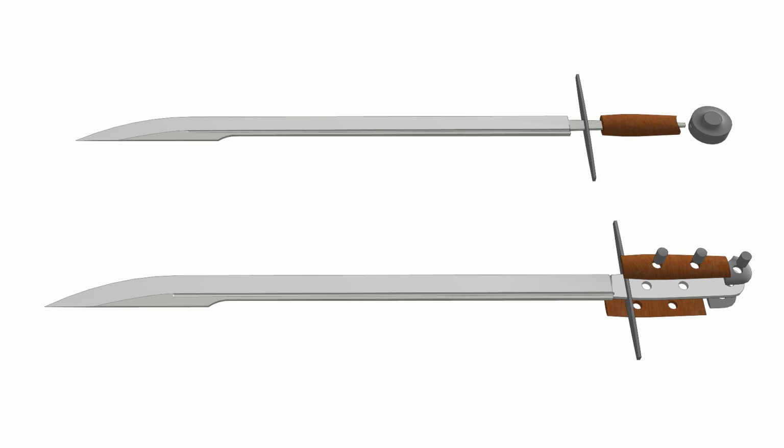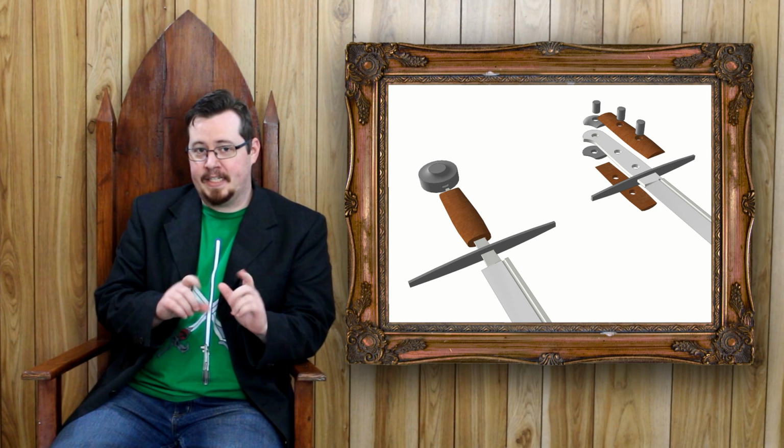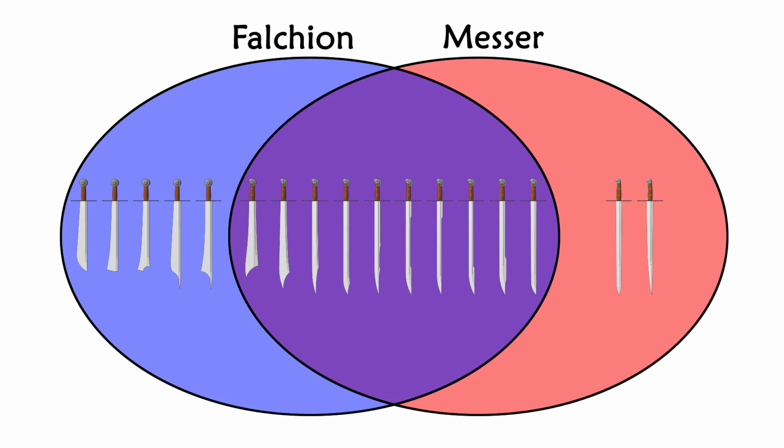The blades can be completely identical, and the way that you define one sword to be one or the other is, as I've explained, the hilt construction. What is significant about this is, remember how I said that there are certain blade profiles that you would more traditionally find on a falchion, and other blade profiles you would more traditionally find on a messer.